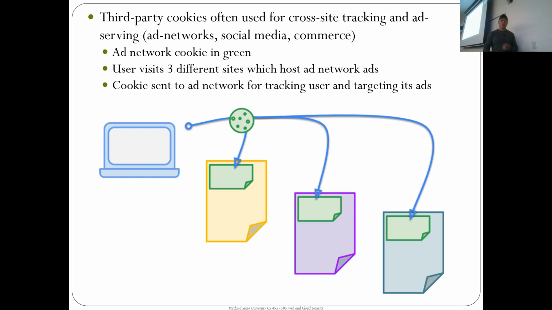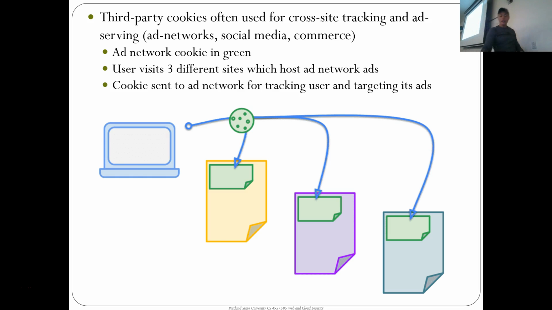Okay, so this is the way it works. You have an ad network, and this ad network has, so let's say this is Google's AdWords, well, AdWords and AdSense, so maybe all of these different colored sites, so the orange, the purple, and the green, they're basically subscribing to this ad network. And then the banner ads at the top of these pages are being hosted by, let's say, Google.